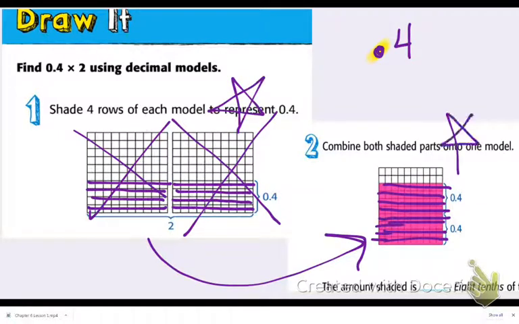Step 2, combine them. Step 3 is where we actually get to solve. How many are shaded? Well, there's 4 and 4, so that's 8 tenths. Now, is it reasonable? Well, I know that 4 dimes plus 4 dimes is 80 cents. So my answer does make sense.